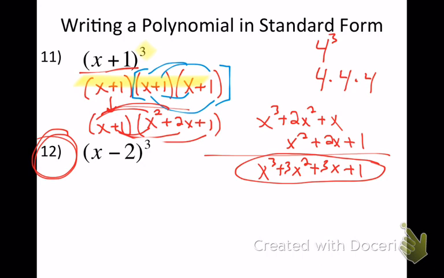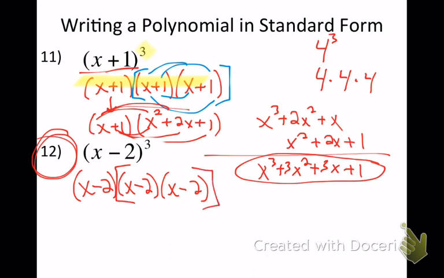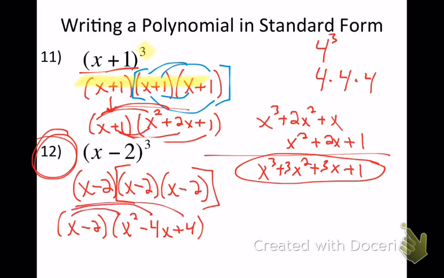All right, I'm going to slowly start working through this here. So you should have x minus 2 times x minus 2 times x minus 2. When you FOIL this side here, you should get x squared minus 4x plus 4. And then again, I want to distribute. And distribute the bottom.